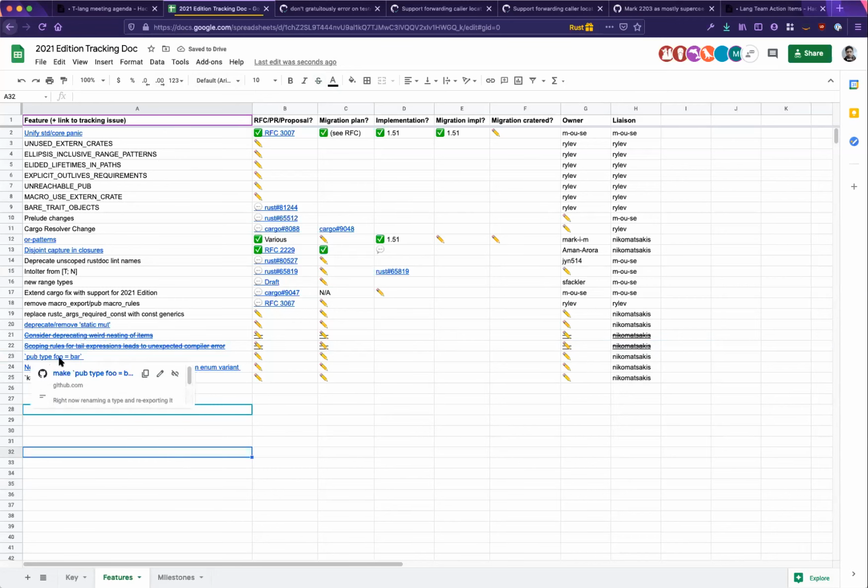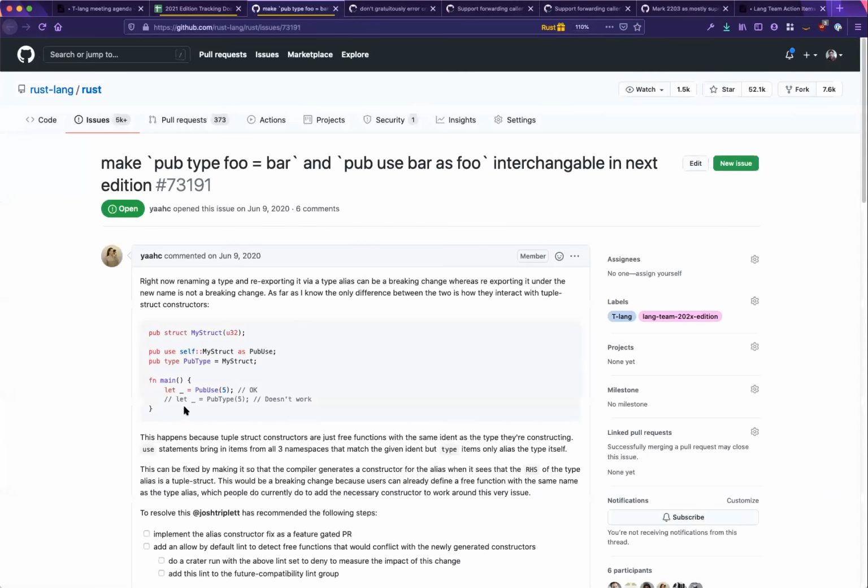What is pub type foo equals bar, and are we doing that? Oh, this is some wacky thing. Pub use exports all namespaces, and this only exports the type namespace. I don't personally have a problem with that, but I understand why people do.